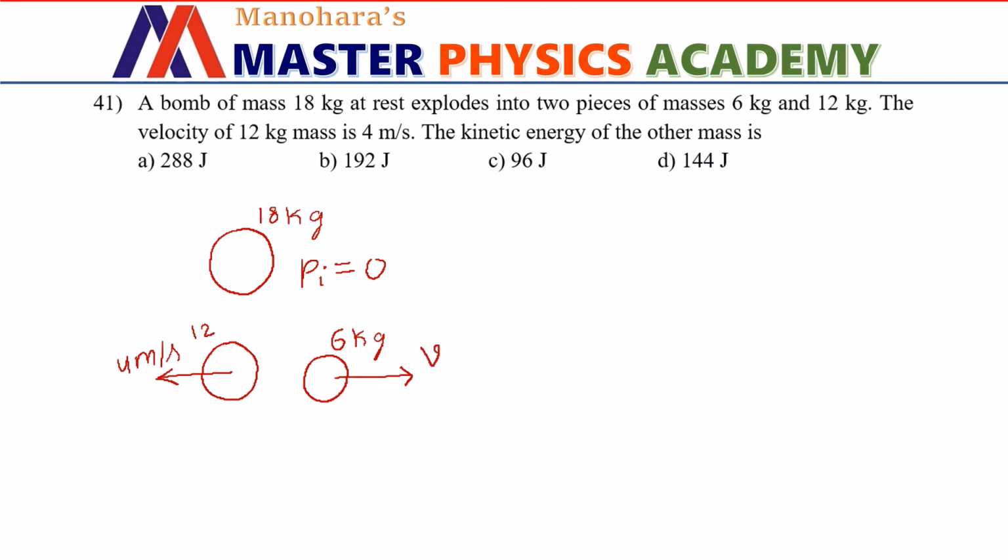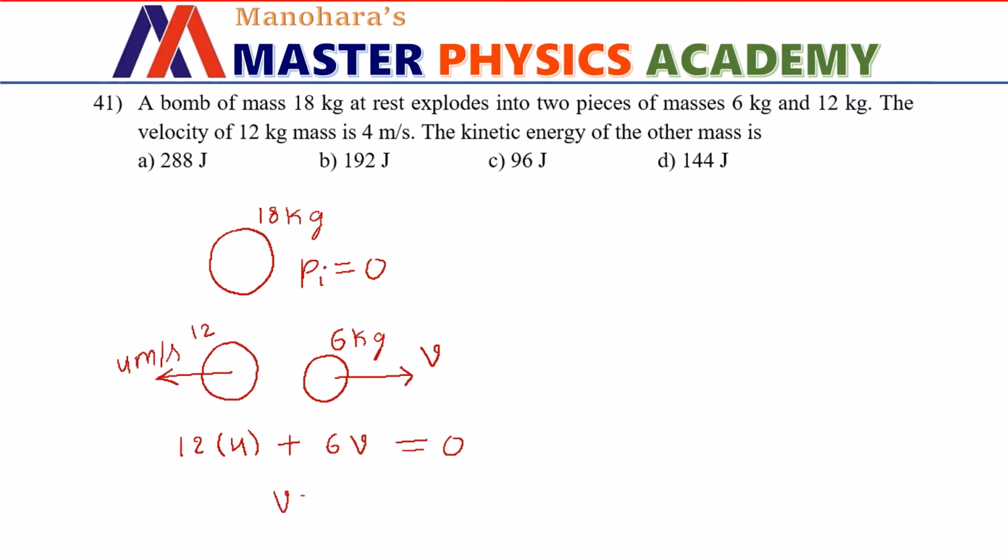Let us indicate its velocity by v. So technically we know 12 into 4, that is the linear momentum of the 12 kg mass, plus 6 into v, that is the linear momentum of the mass of 6 kg, must be equal to 0 according to the law of conservation of linear momentum.